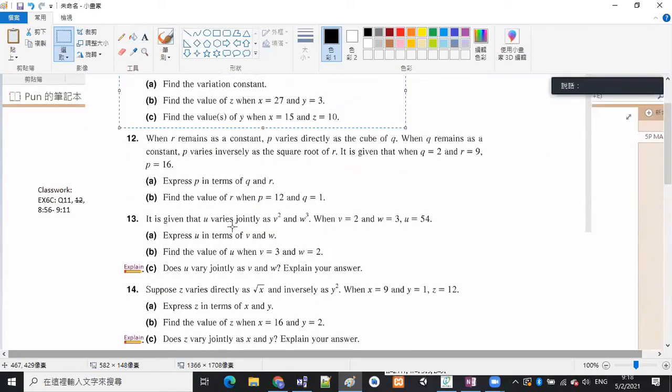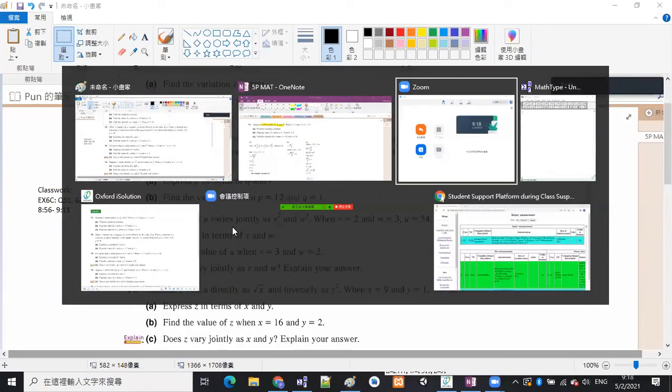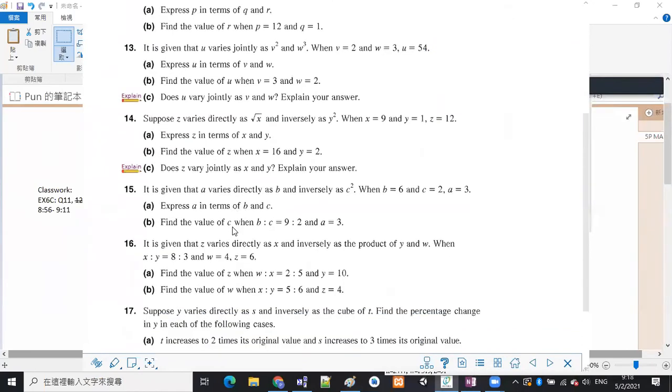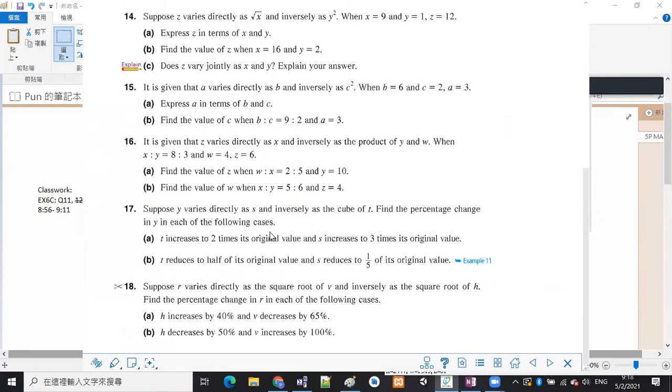And then let's go to number 15. Yes, 15.